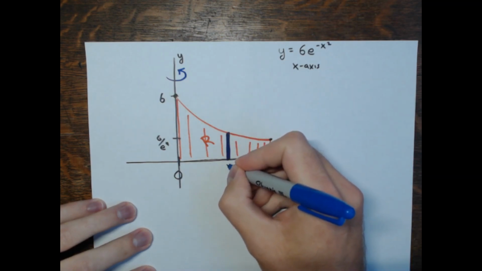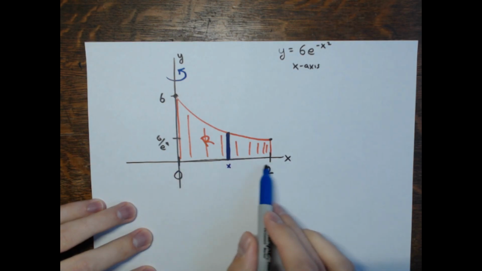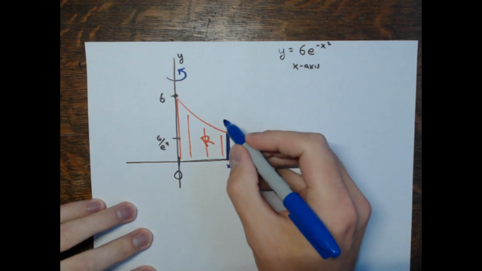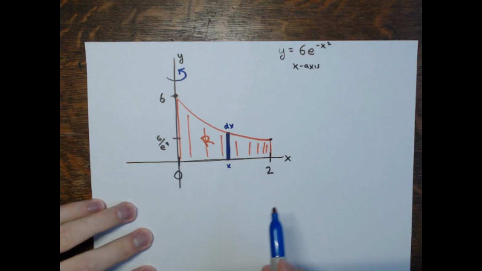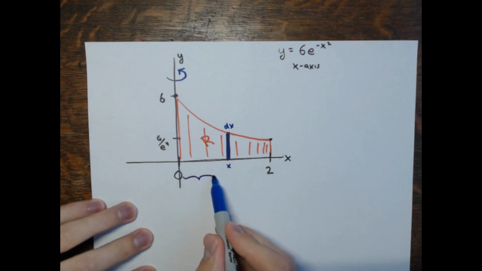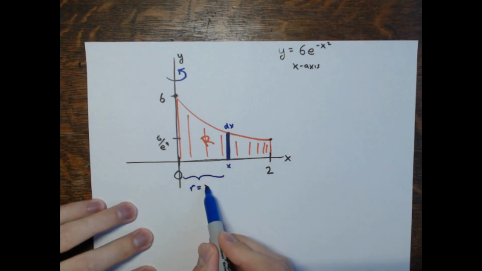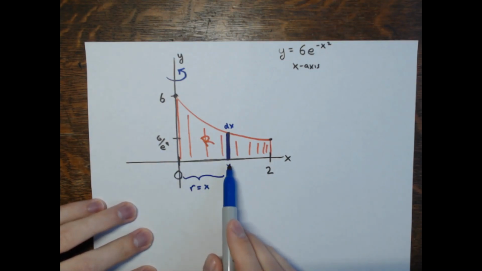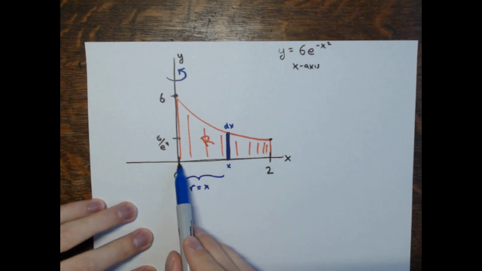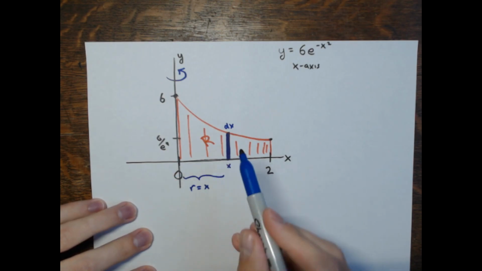Now this would correspond to some x coordinate between 0 and 2, and the thickness we'll call dx. The radius is just x. The radius of the shell, when I rotate the rectangle around the y-axis, will be whatever x coordinate I chose, the distance from the line to the rectangle.